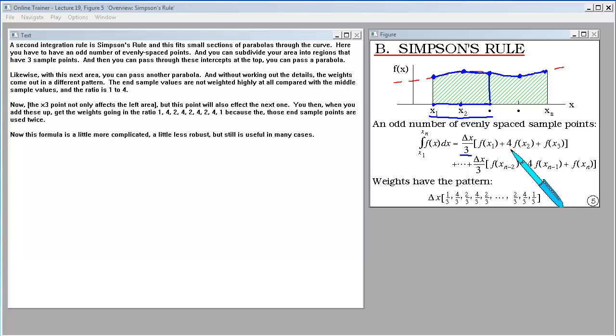Now, because the end value occurs not only in its own area, but this point will also affect the next one, when you add these up, you get the weights going in the ratio 1, 4, 2, 4, 2, 4, 2, 4, 1, because those end sample points are used twice. Now this formula is a little more complicated, a little less robust, but still is useful in many cases.